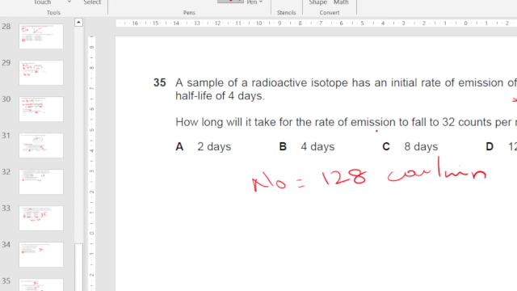How long will it take for the count to be 32? In one half-life, it will become N0 by 2, that is 64, and in 2 half-lives will become 32. In 3 half-lives will become 16.